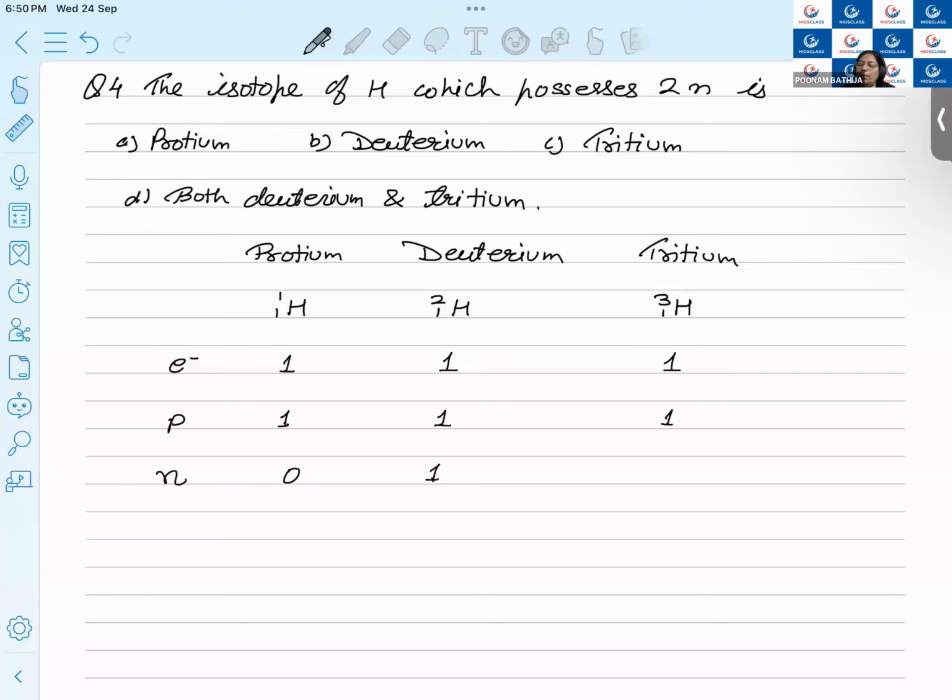In deuterium, there is 1 neutron. In tritium, there are 2 neutrons. So he's asking the isotope of hydrogen which possesses 2 neutrons. That is tritium. This will be your correct answer.